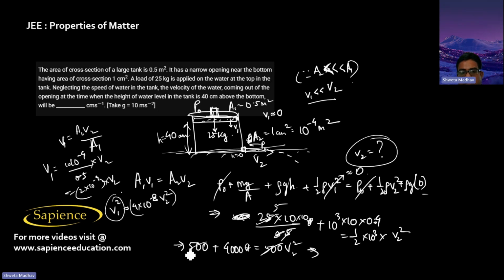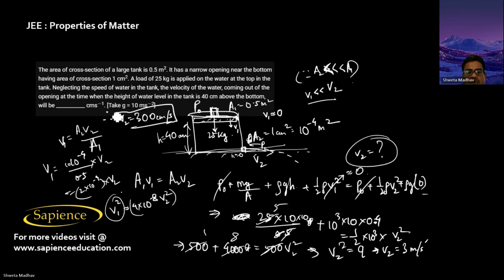Therefore with 500 I can cancel out, 8 the 40, so V2 square is 9, so V2 will be equal to 3 meter per second. It will come 3 meter per second. So therefore I can say V2 will be equal to 300 centimeter per second. So hence the answer will be 300.